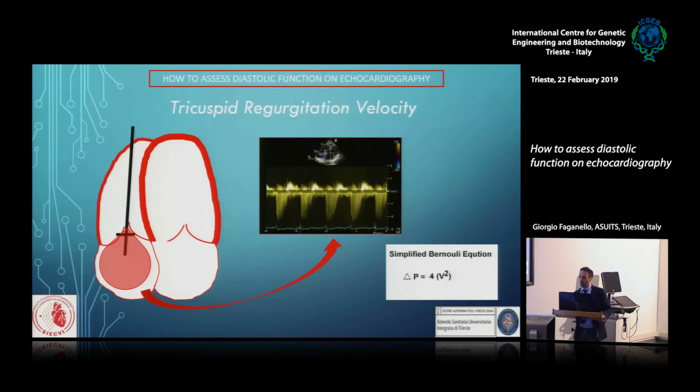So we put our CW cursor on the tricuspid regurgitation, we get our velocity, and then using the simplified Bernoulli equation, we can get our pulmonary artery pressure.